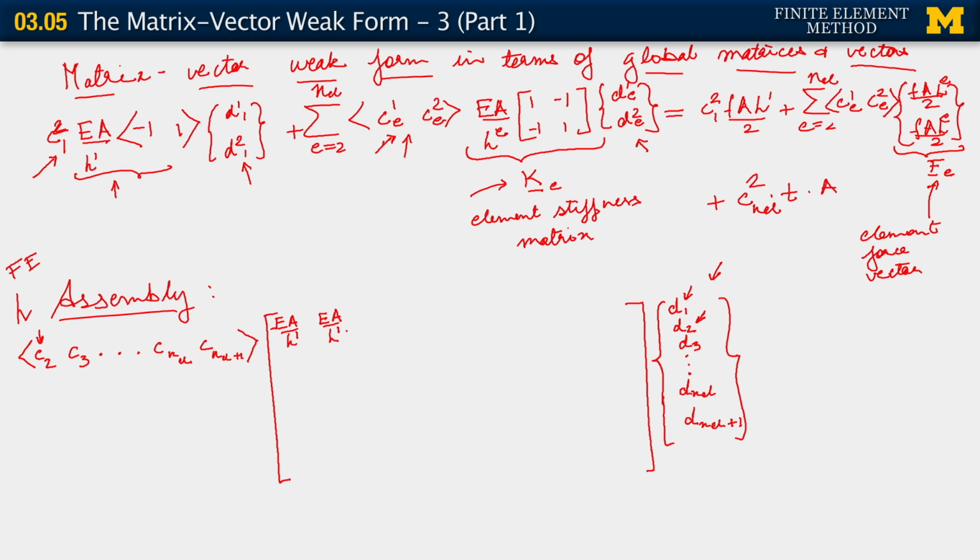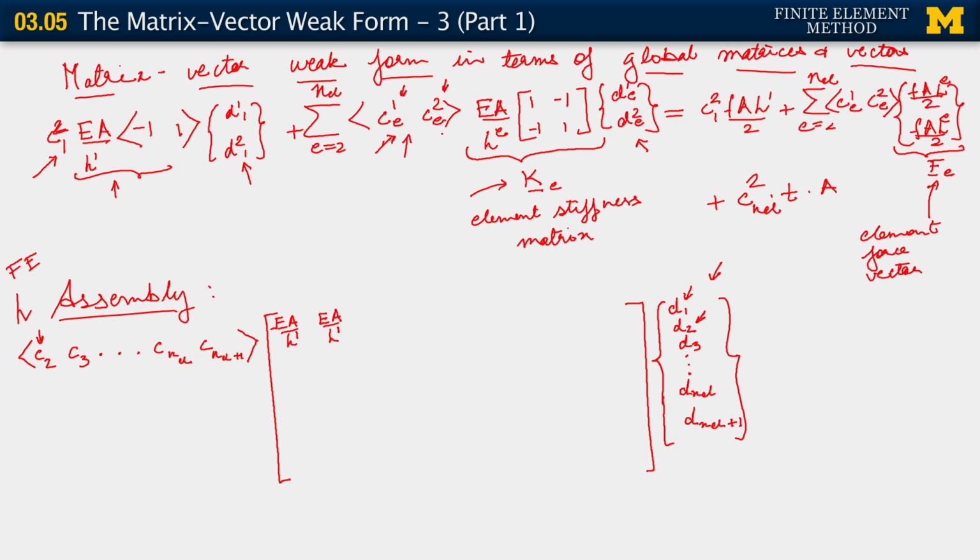So that's what we get from element 1. Let's go to element 2. Element 2 would have global degrees of freedom C2 and C3, which would come from C1 with E equals 1 and C1 with E equals 2 and C2 with E equals 2.